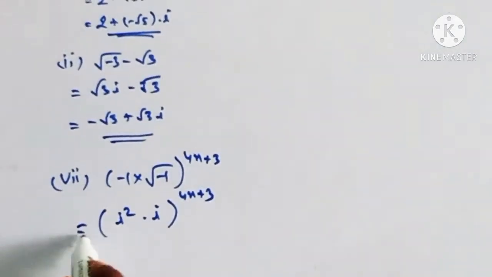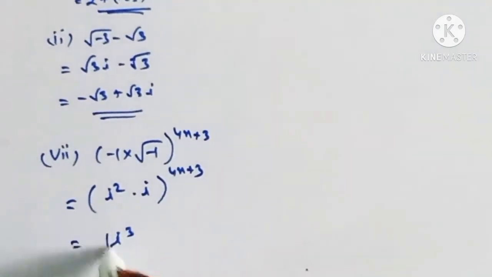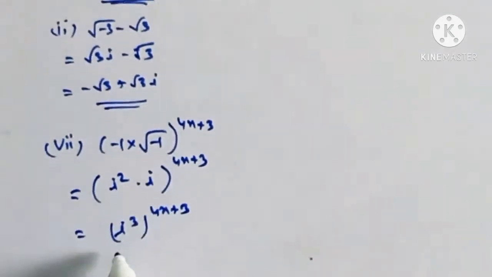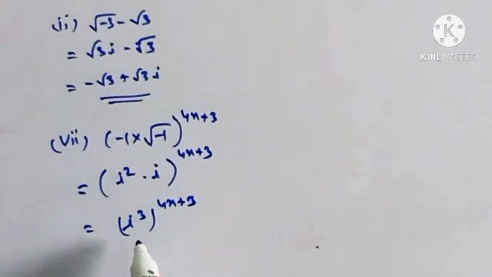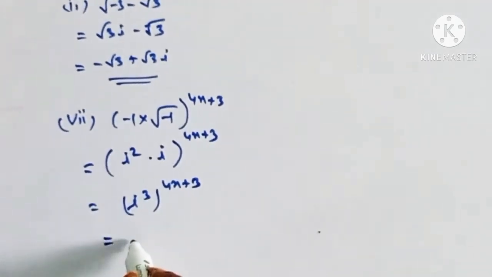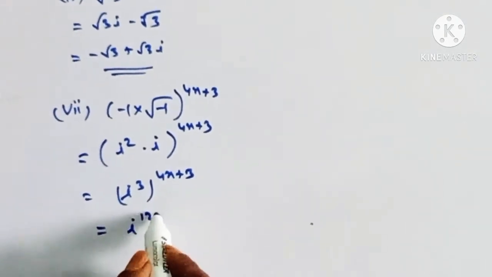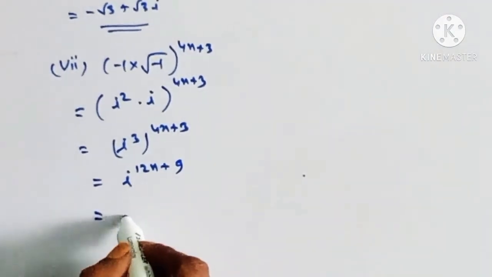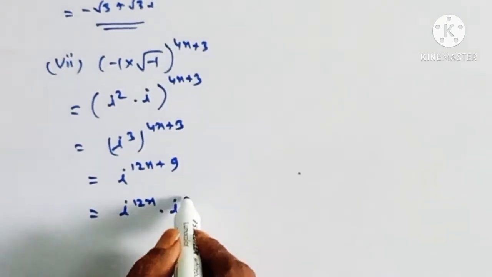So this becomes i to the power of 3, i to the power of 3 to the whole power 4n plus 3. So this will be i to the power of 3 times 4n that is 12n plus 3 is 9, so this will be i to the power of 12n into i to the power of 9.